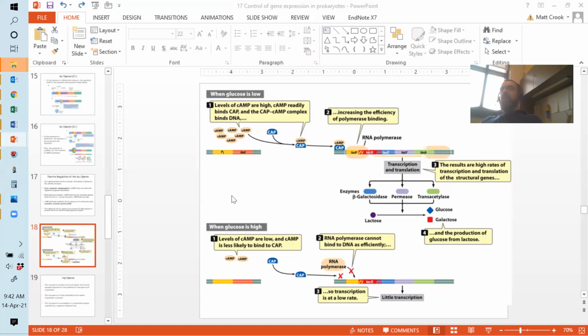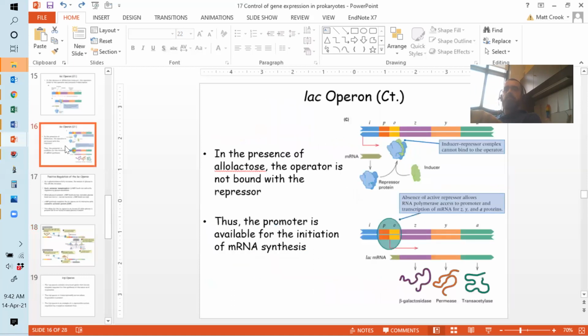So this is an inducible system, and in an inducible system, expression is off unless an inducer is present. The inducer in this case is lactose. Once that's present, lac-I leaves, that's this part up here, and transcription can occur.